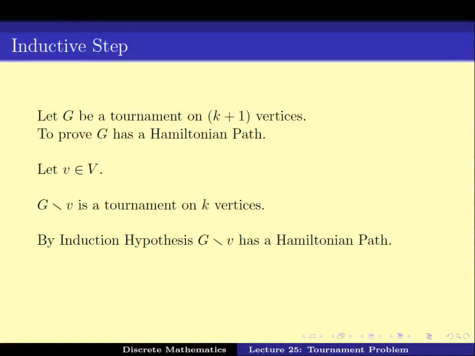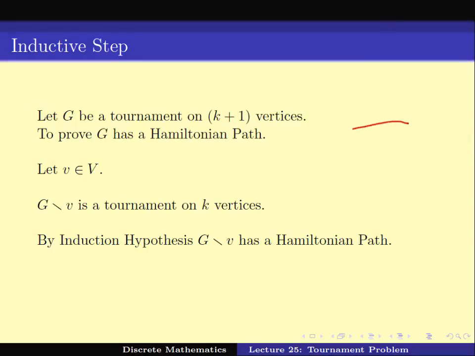Now, what does that mean? Let's try to draw it once again very carefully. So G minus V has a Hamiltonian path. That means it must have some set of vertices forming a Hamiltonian path. Let me draw the vertices in blue.